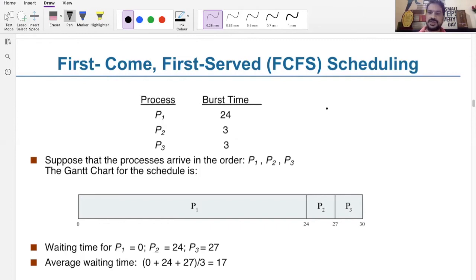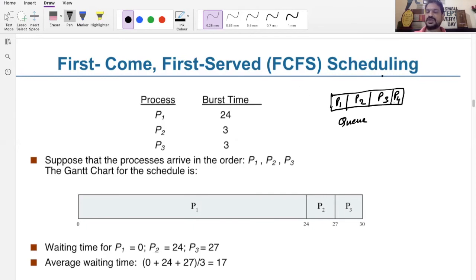So we have to use a queue. In the queue, we put the process that comes first, then another process that comes after that, and then another, and another.